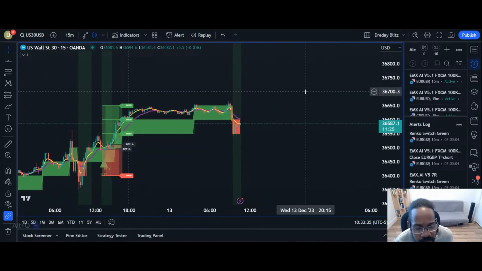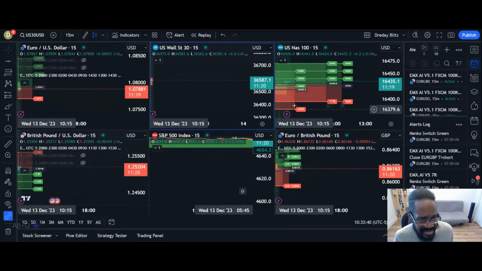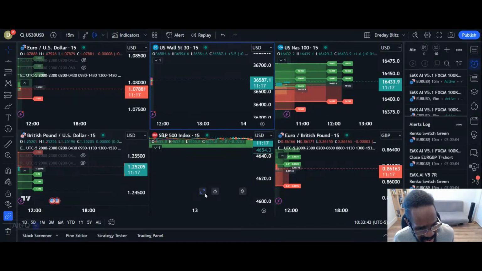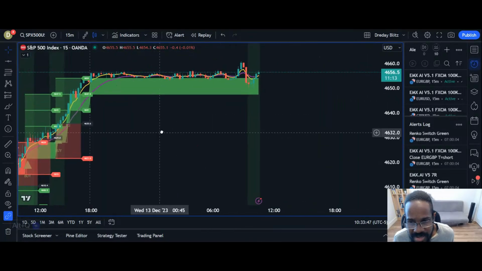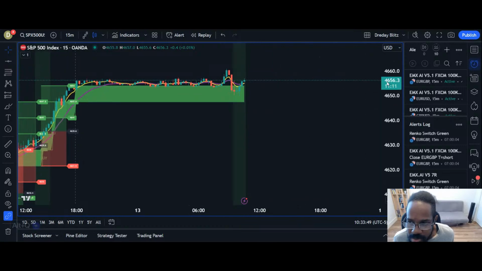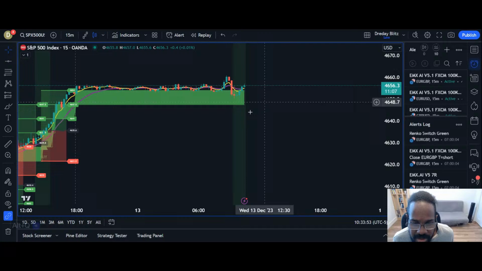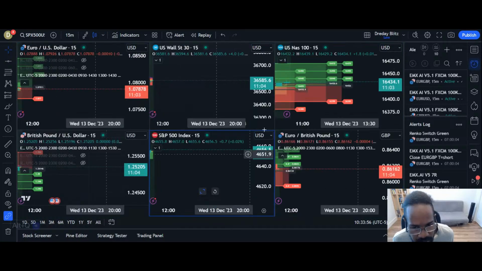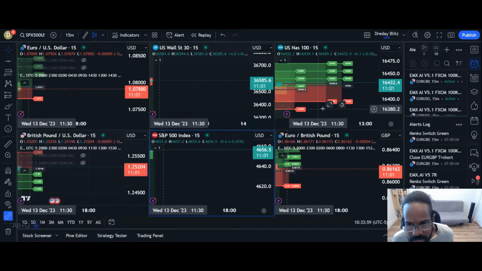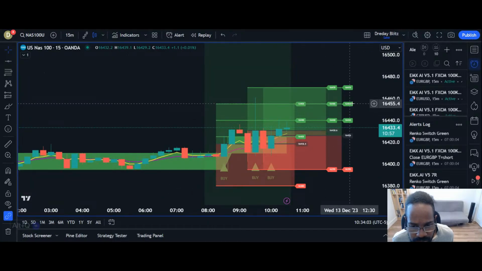US 30 is still looking bearish right now. So we'll see if we have any signals here. May not have anything for this session, maybe tomorrow or during the end of New York session. So just make sure that you follow along and see exactly if we have any setups here in the afternoon.